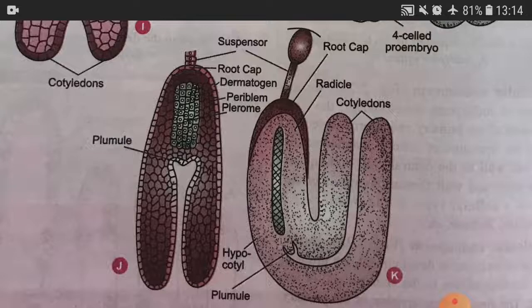So this is a completely developed dicot embryo. Now as far as the monocot embryo is concerned, we will take up now the monocot embryo.